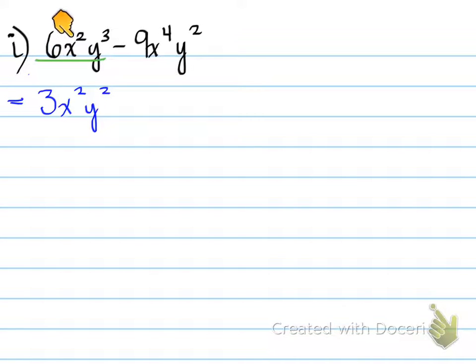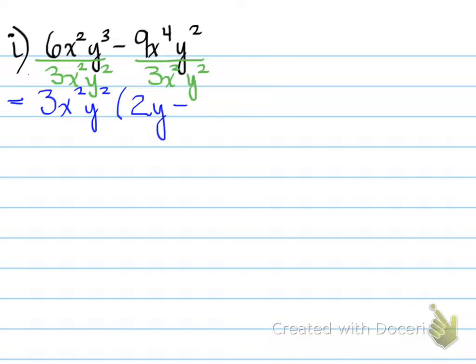There are 2 x's here, 4 here, so we're going to take out 2, and for the y, we have 3 here, but only 2 here, so we're going to take out 2 of them. What's left? Well, when I divide out 3x squared y squared from each term, I will end up with 2y minus 3x. And that, folks, is the final answer to that question.